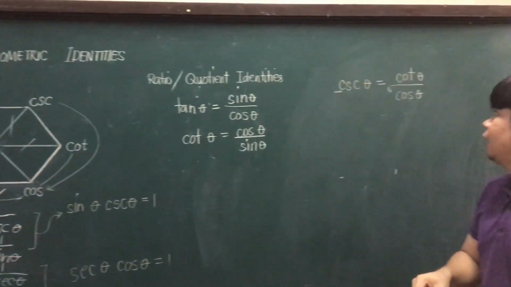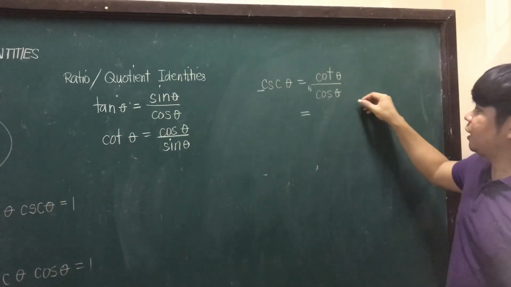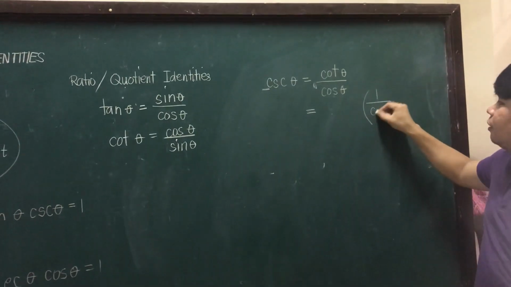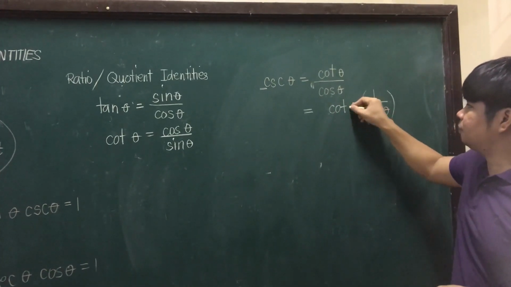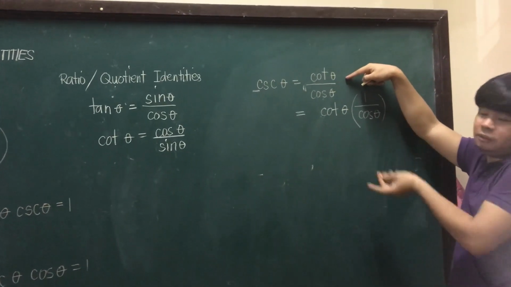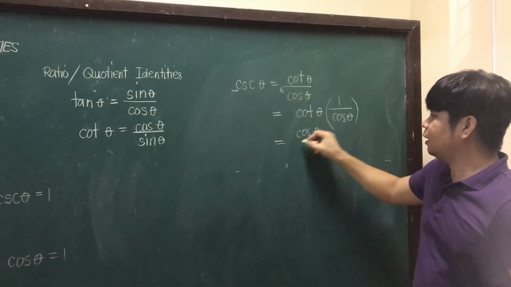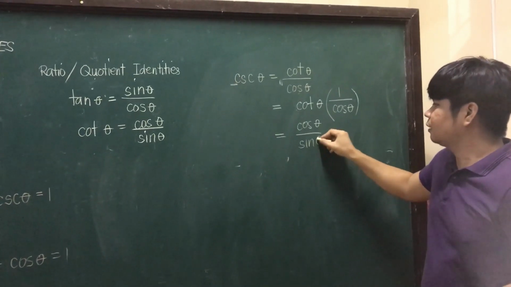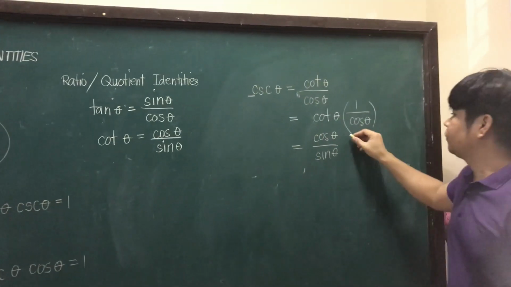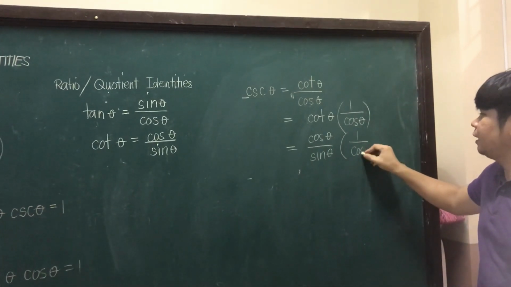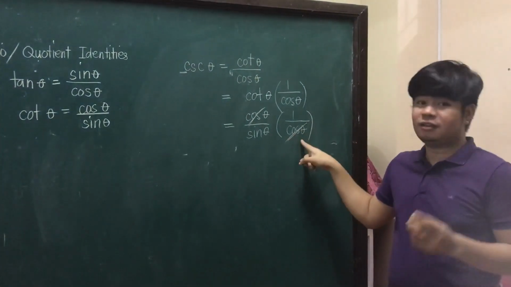And let's try to prove that. We prove that cosecant theta is equal to this. Okay? We can separate. We have 1 over cosine theta. Cotangent is now here. The product is still this one, so walang nagbago. Okay? Cotangent theta is equal to cosine theta over sine theta, and that is according to the quotient identity here, times 1 over cosine theta. Remember that we can cancel out cosine theta and cosine theta here.